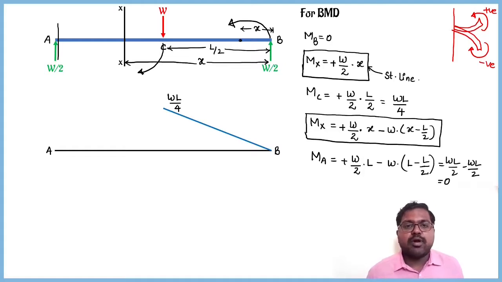So from WL by 4, again the bending moment will come in a straight line path to A as 0.